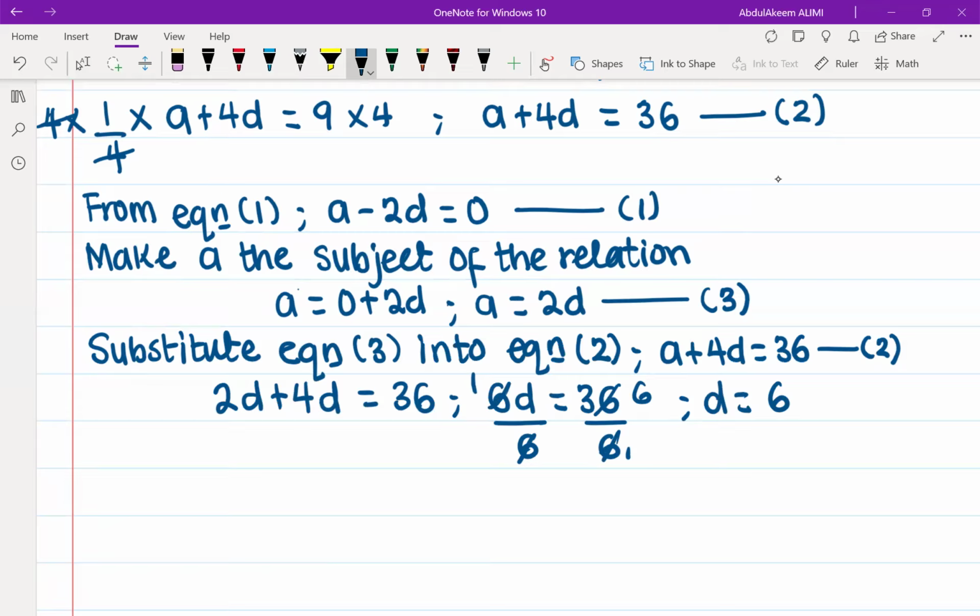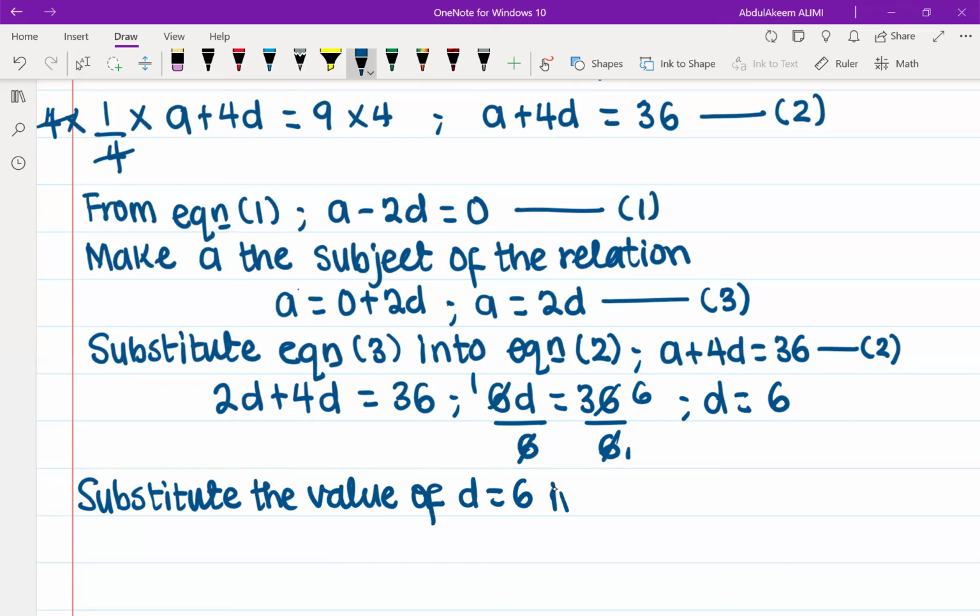What do I need next? Let me get the value of a. So the next thing is to substitute the value of d equals to 6 into equation 3.